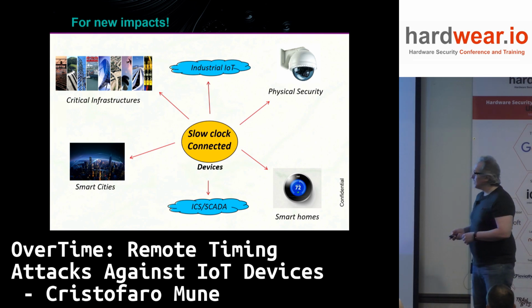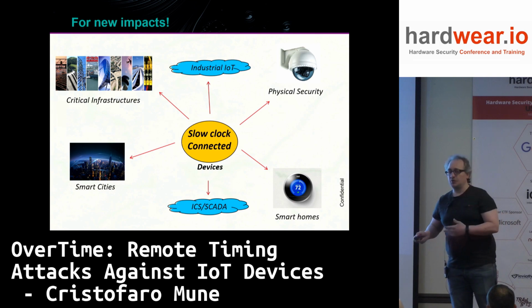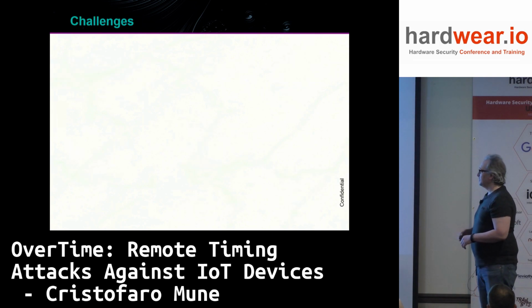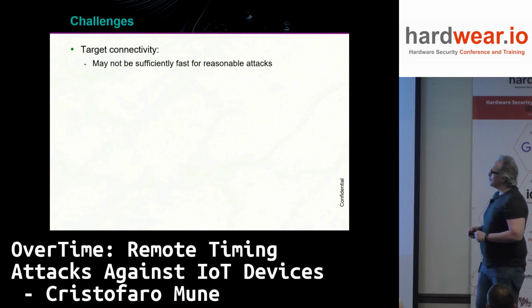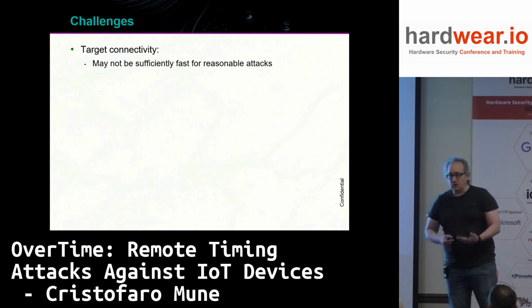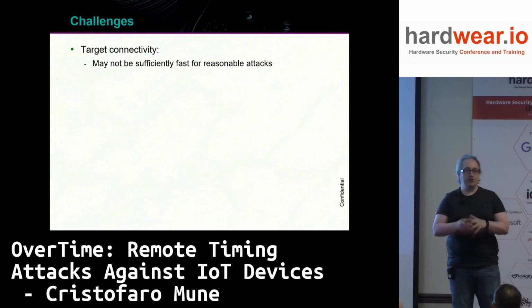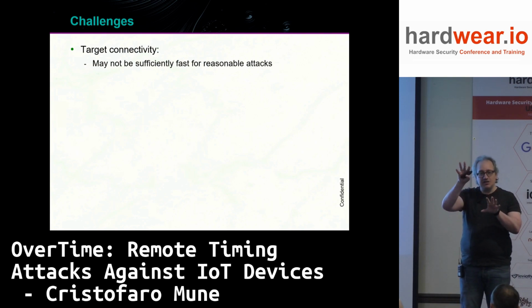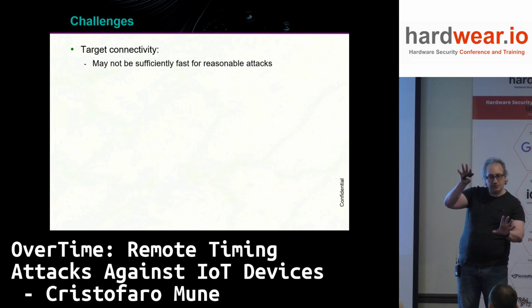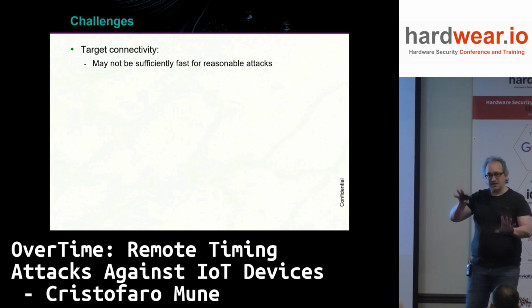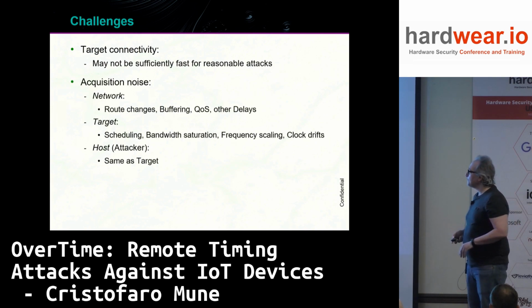Okay? We are coming now to attacking this device probably in the next few slides. There are a few challenges though. The problem is that the target connectivity may not be sufficiently fast for reasonable attacks, where sufficiently fast means in ratio to your clock, of course, because that's exactly what we are talking about.